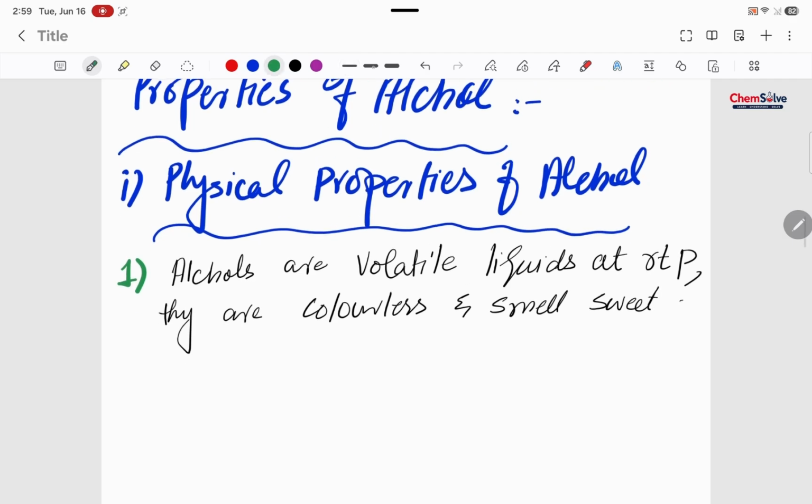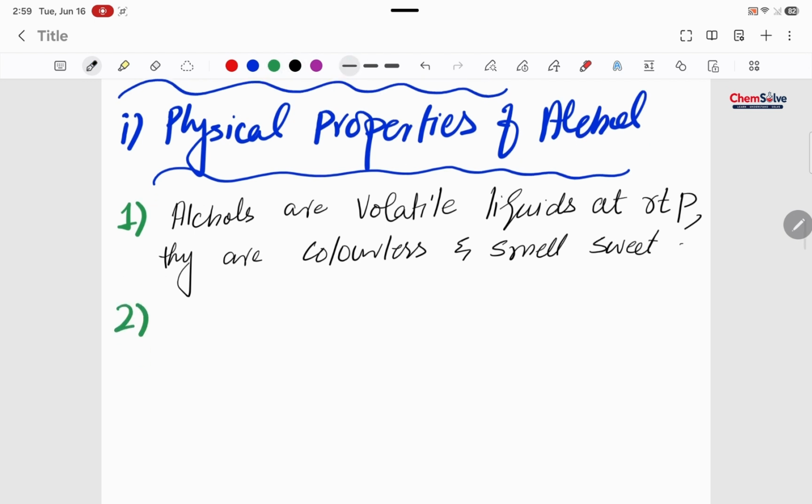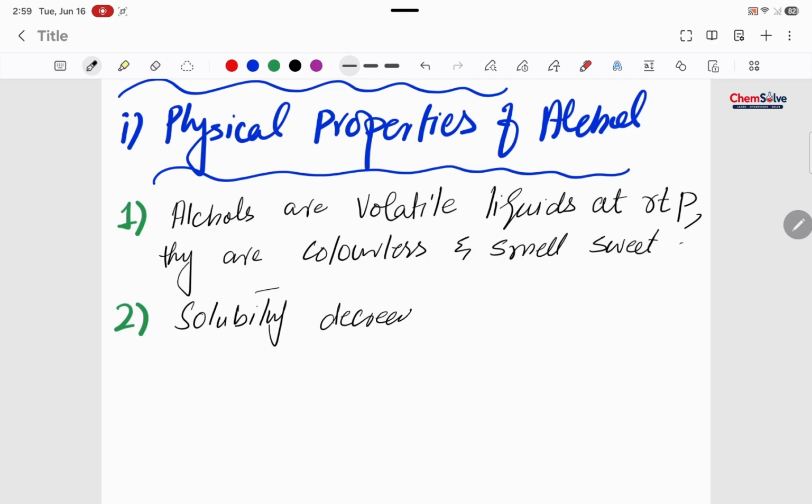Next property. Their solubility decreases as molecular size increases.